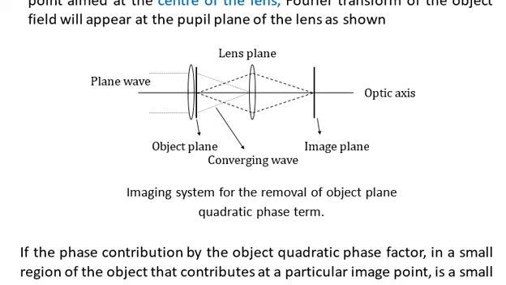So this technique, the illumination of the object with converging wavefronts, will enable us to remove the quadratic phase factor associated with the object plane. So this is the imaging system for removal of the object plane quadratic phase factor.